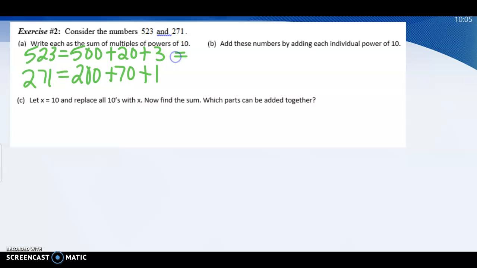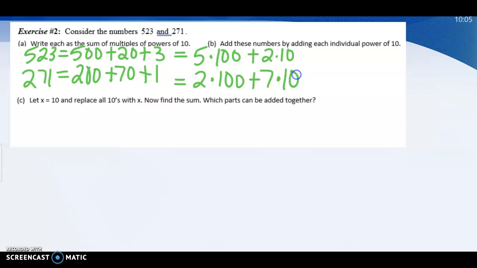Now, I can add these a little bit differently. I can write these as 5 times 100. 200 would be 2 times 100. There's 2 hundreds. 20 would be 2 times 10. 70 would be 7 tens. And then there would be simply 3 ones and 1 one.